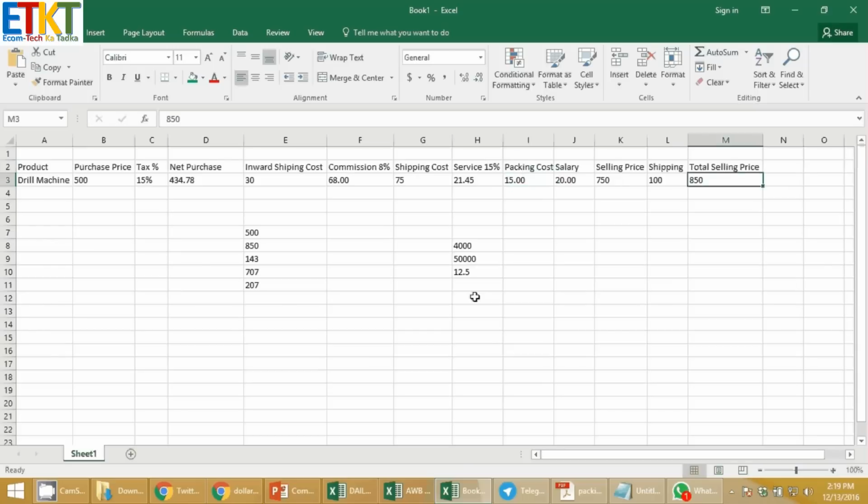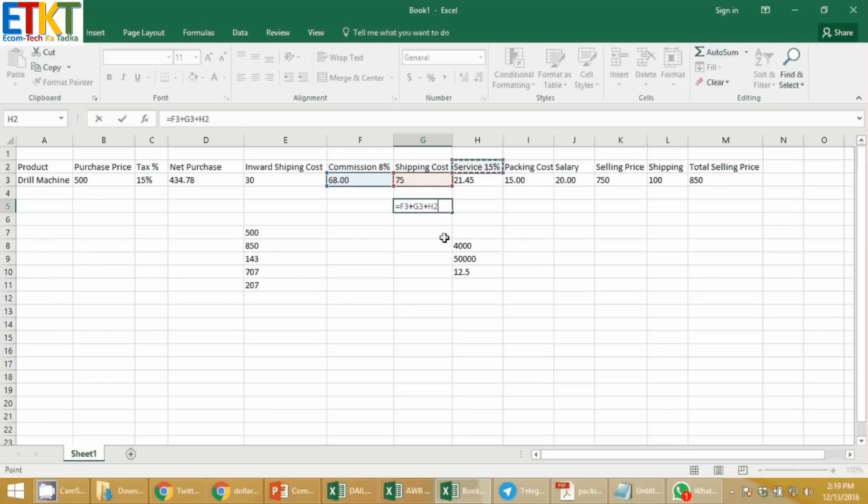Okay, now if you just try to add up all the expenses here, this one plus shipping plus service tax plus packing plus this.